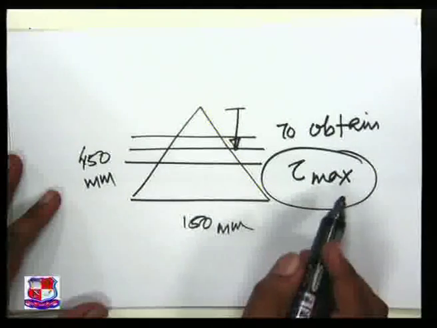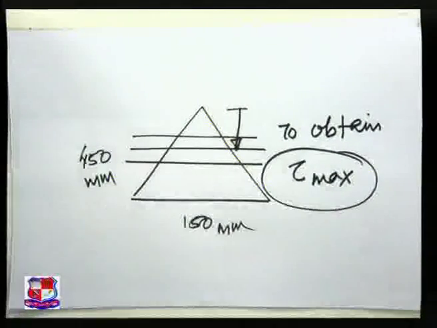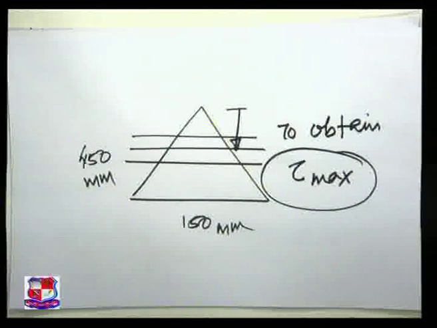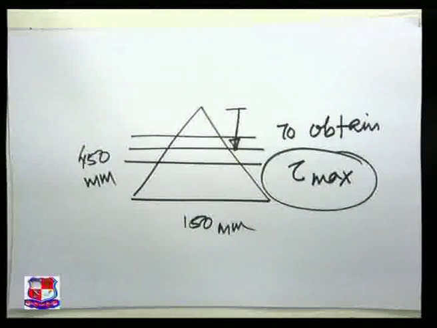I want to find the tau max. We do not know the exact location. So our intention is to find out the specific location where we get the tau max. How to achieve this? Think and let us proceed further with the solution of this particular problem.